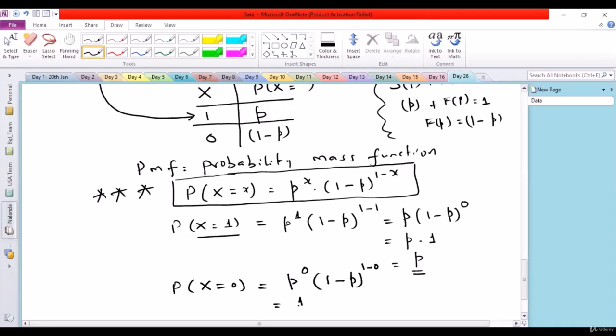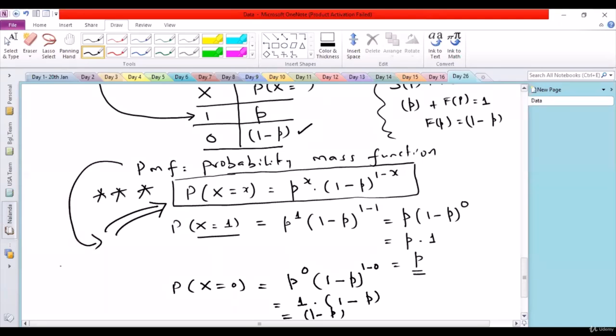This is 1 multiplied by 1 minus p. This is nothing but 1 minus p. This is matching. So this is the probability PMF when your data is Bernoulli. Keep this in mind, my dear friends.